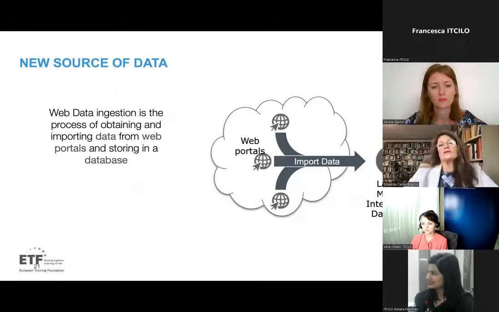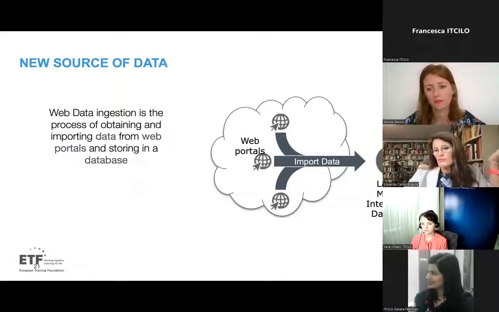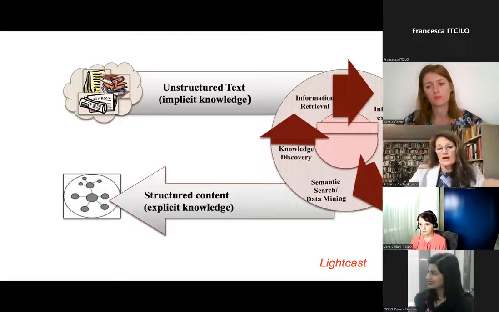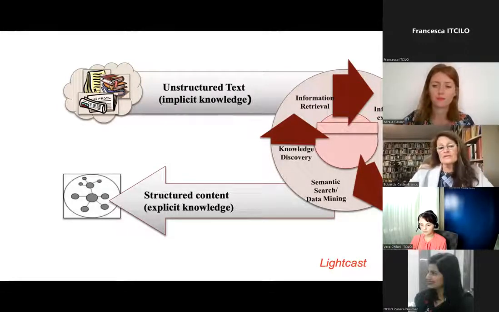We are talking here, of course, of new sources of data and new ways of creating data. And that's something that we need to bear in mind, and we need to be open to a change of paradigm. So from unstructured text, which is, let's say, implicit knowledge, through information retrieval, information extraction, semantic search, we arrive to structured content, which is then explicit knowledge.